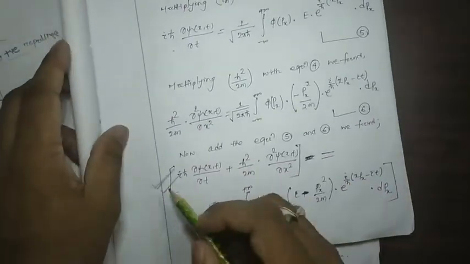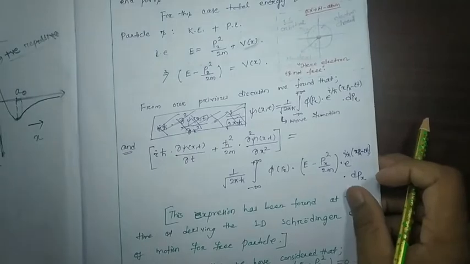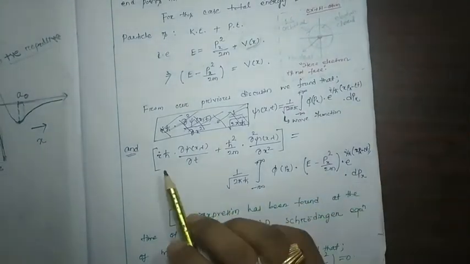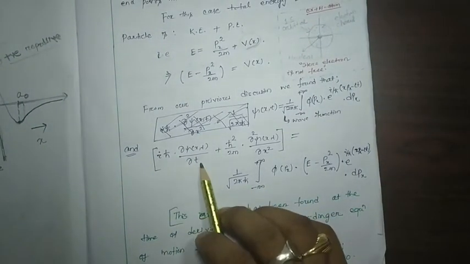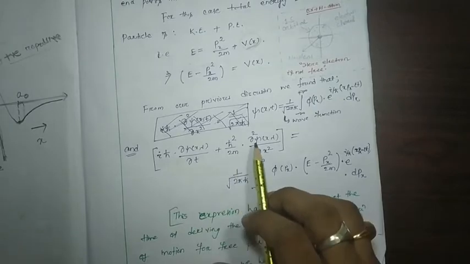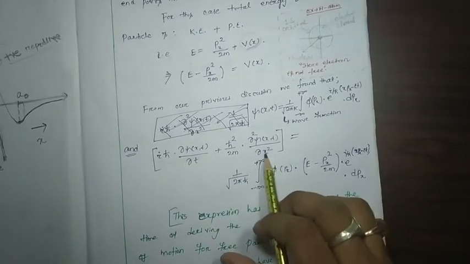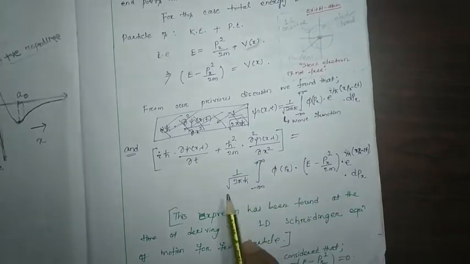If we consider this one, then we will see what happens. So i h cross del psi by del t plus h cross square by 2m del square psi(x,t) by del x square is equal to this much.